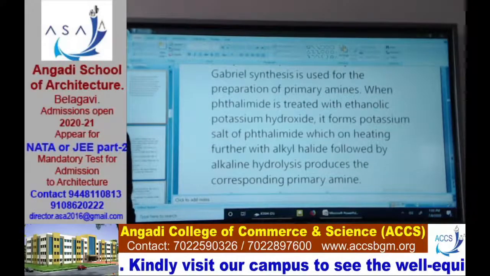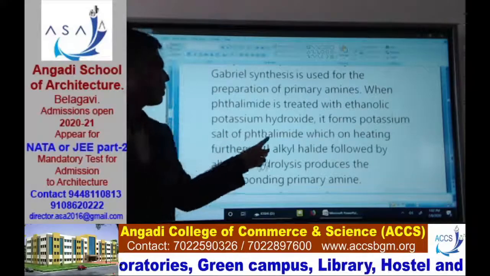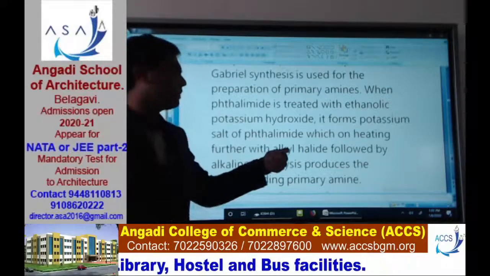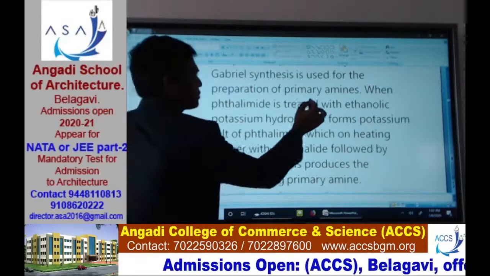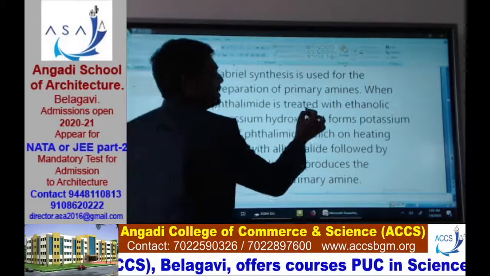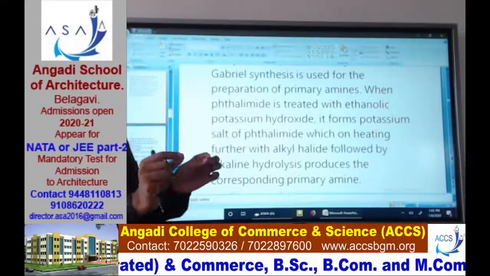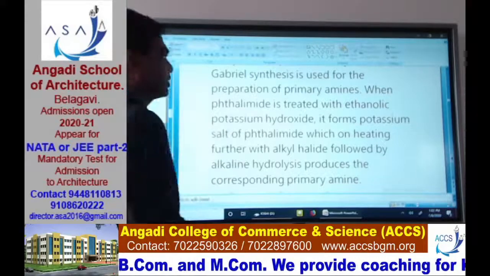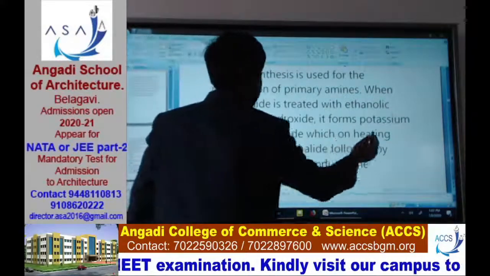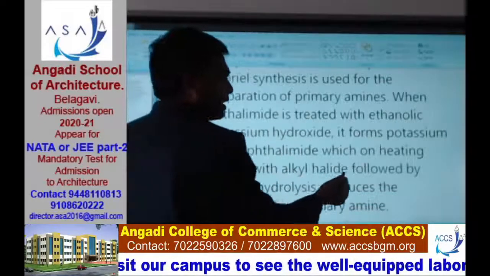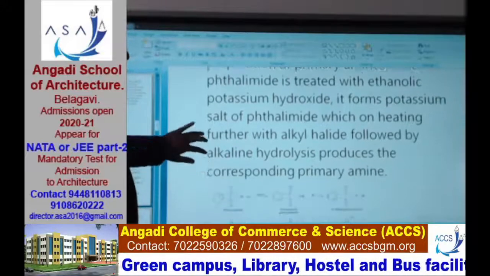When phthalimide is treated with ethanolic KOH, it forms a potassium salt of phthalimide, which on heating with alkyl halide followed by hydrolysis gives the amine. So let us see it line by line. First you take a phthalimide compound, add the alcoholic KOH, it forms a salt, that is the K form, which on heating with alkyl halide and then hydrolysis, you get the primary amine.